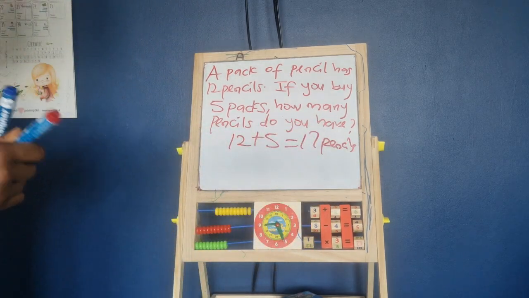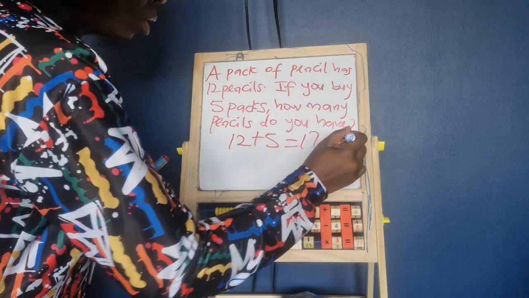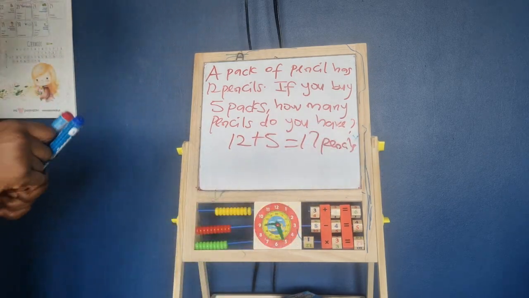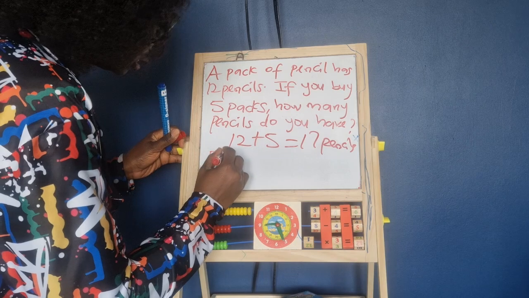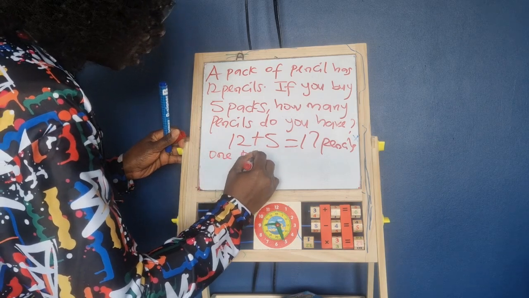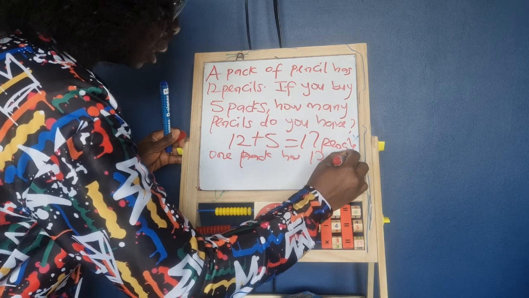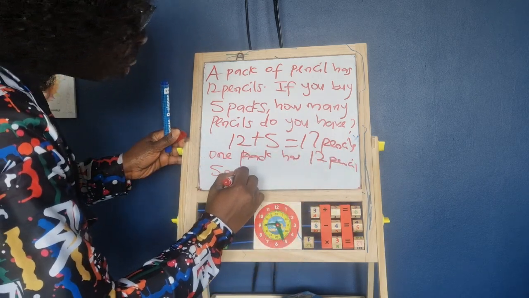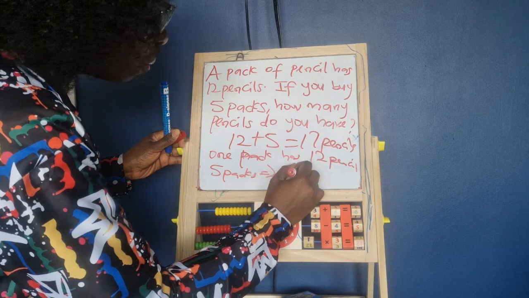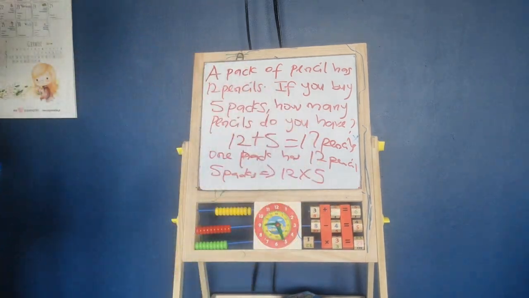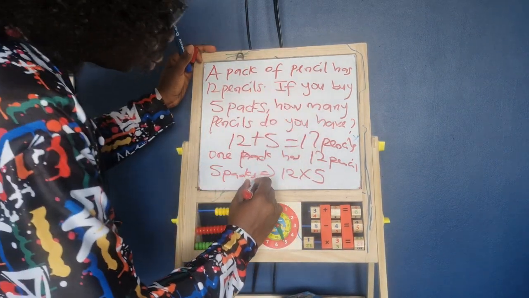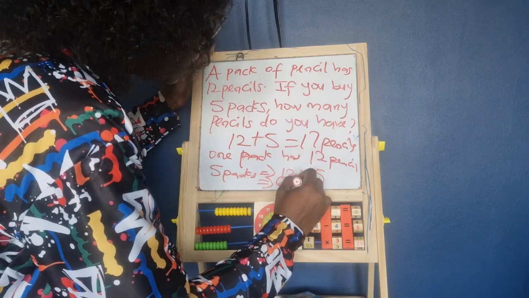This is wrong. This is wrong because if one pack has 12 pencils, then 5 packs will have 12 times 5. You are expected to multiply and this will give 60 pencils.